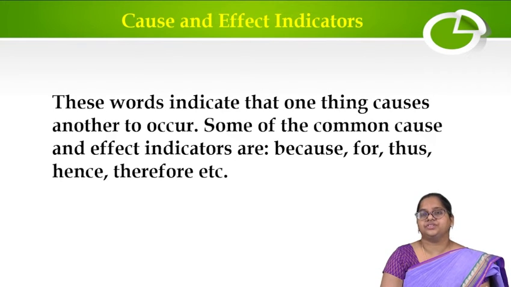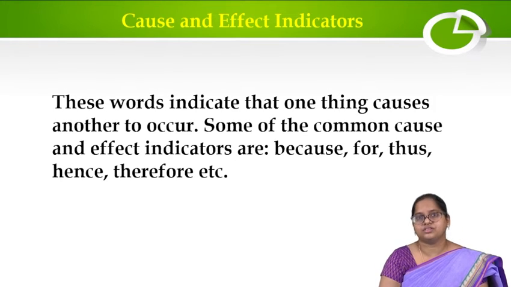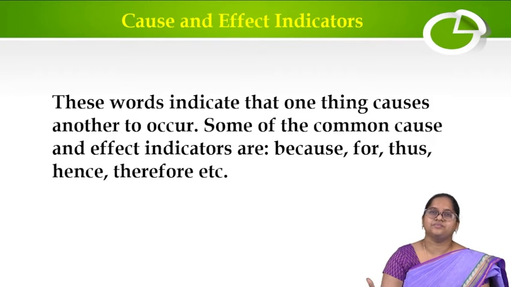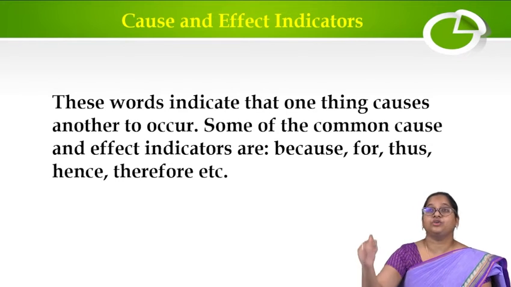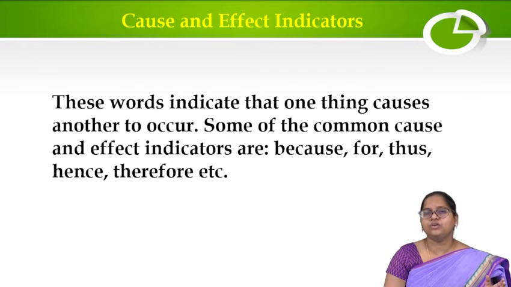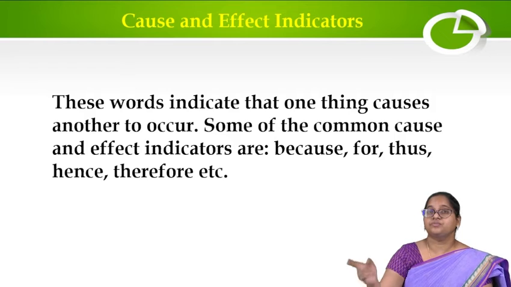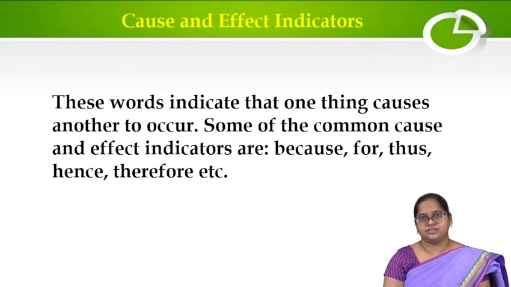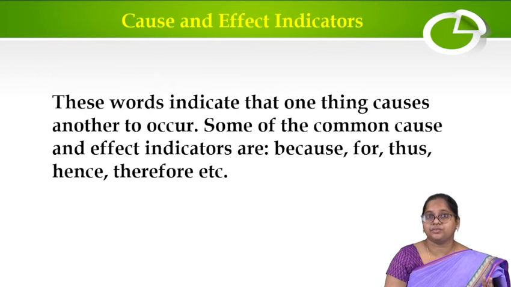So these words generally indicate that one thing causes another to occur. Again, it is synonym based. There are some effect indicators, or you have to know common cause and effect: because of that, it is like this; as a result, this is; however. These are all common cause and effect indicators. Because something has happened, this is the result. So the cause and effect relationship is very much observed in that context.